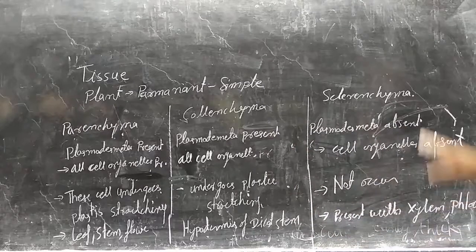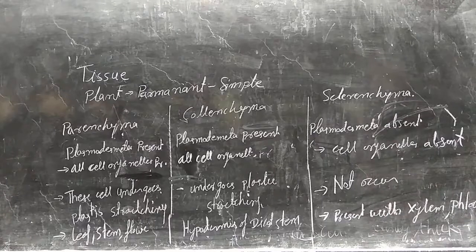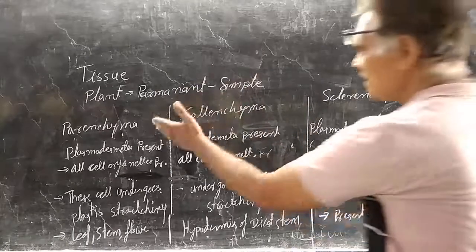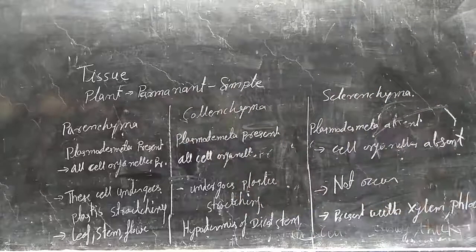Sclerenchyma cells provide mechanical strength to the different parts of the body. So these are the functions of the simple tissues, that is parenchyma, collenchyma and sclerenchyma.